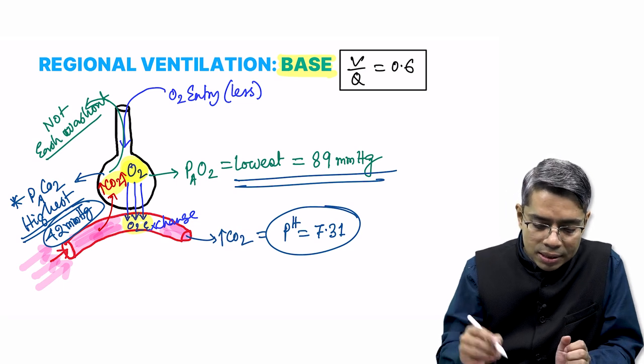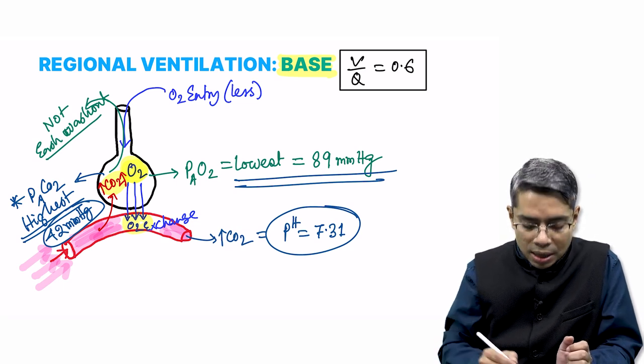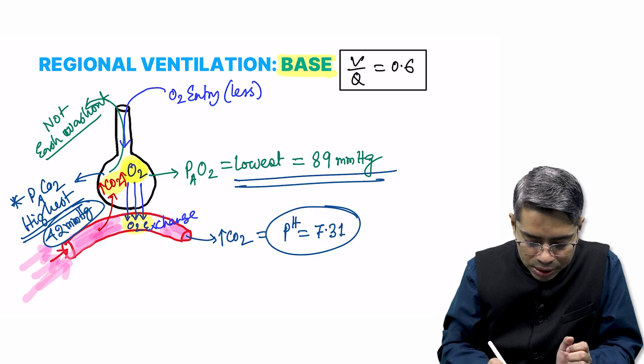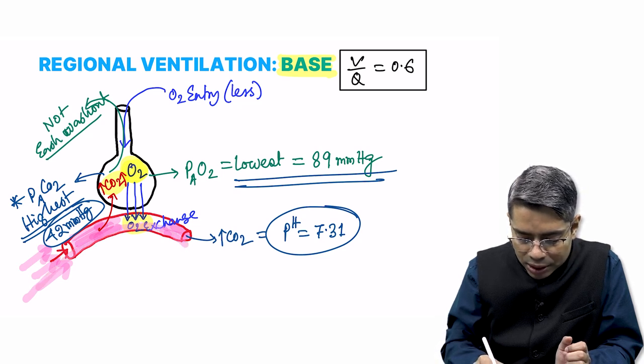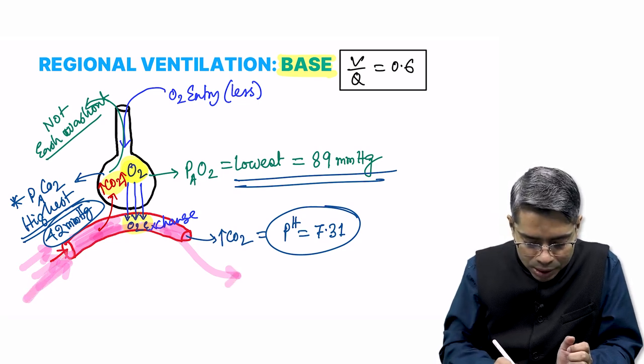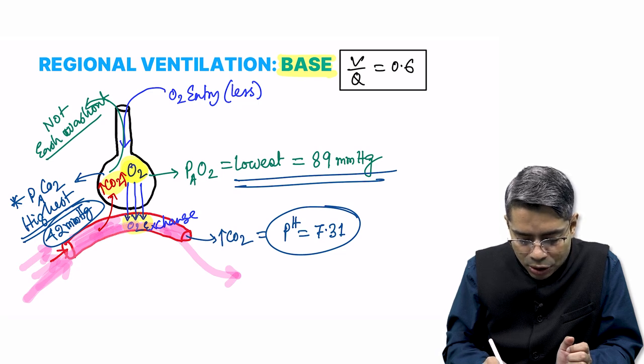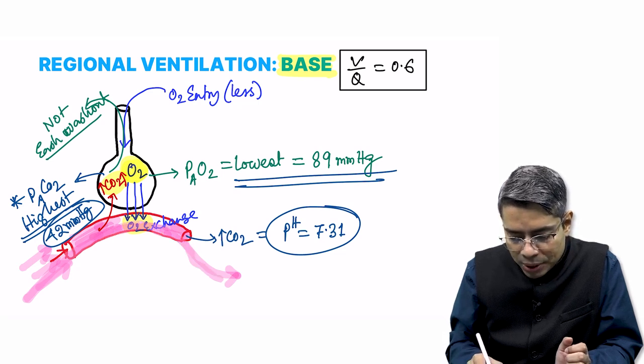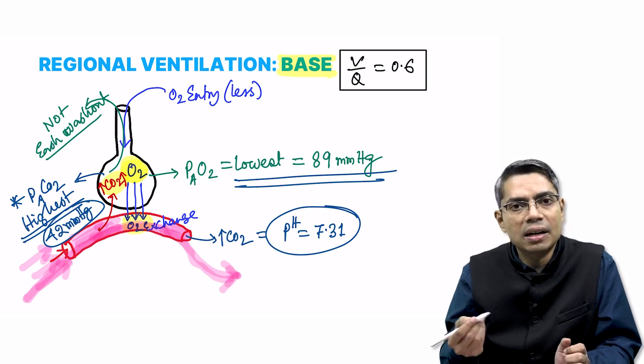So I can understand that at the base of the lung, some of the blood which is coming in this alveoli is not going to get proper oxygen. Means this venous blood will reach here, but it will not get oxygen and it will bypass to the other side. Other side means that is the arterial side.